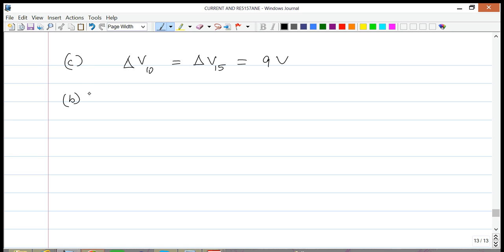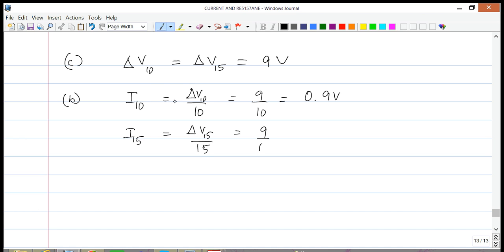Now we can answer B, where I10 is equal to delta V10 divided by 10, which is 9 over 10, which is 0.9 amps. And then I15 is delta V15 over 15, which is 9 over 15, 0.6 amps.